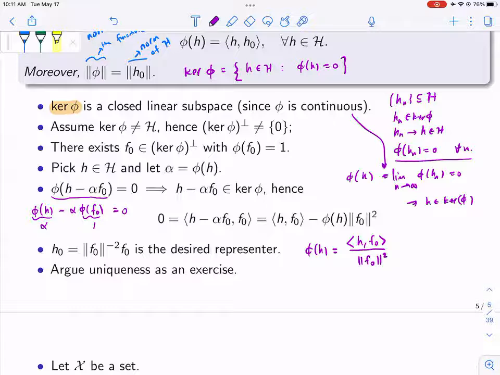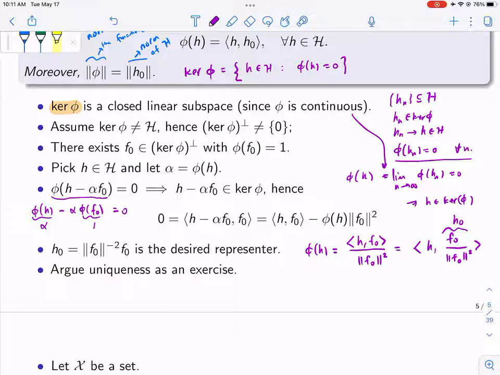I can divide by the norm of f naught squared because f naught is non-zero, right? And so I get that this is f naught divided by norm f naught squared, and I can define it to be h naught. So this f naught does not depend on h. I just pick the one that exists in the kernel phi perp.